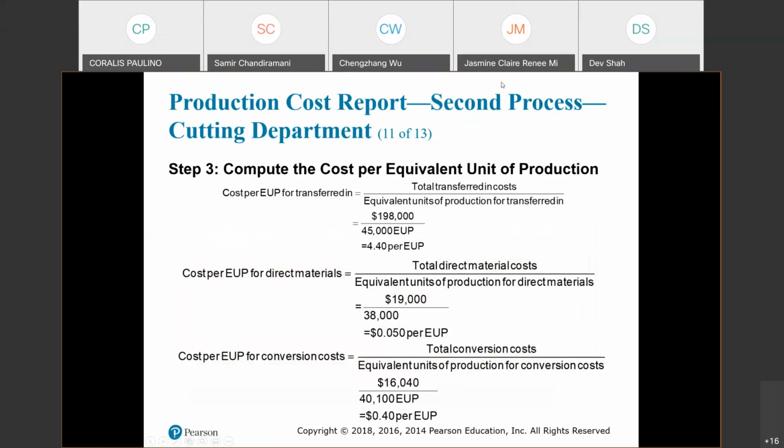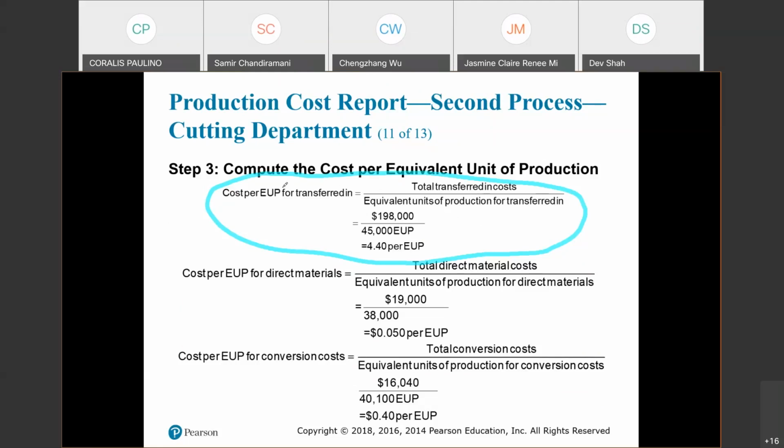Because this part is transferred in cost, which is the transferred out of the first department. It should be consistent.